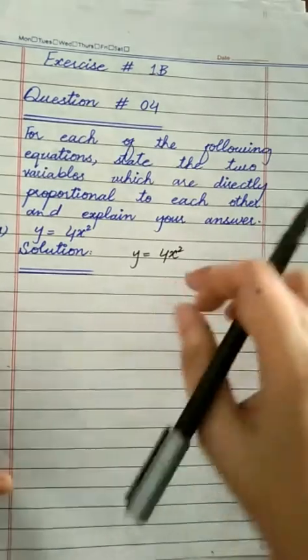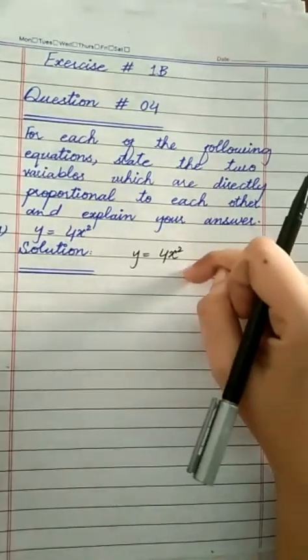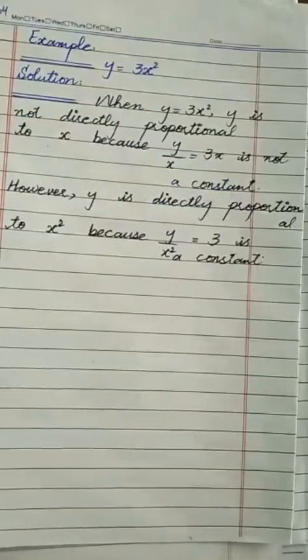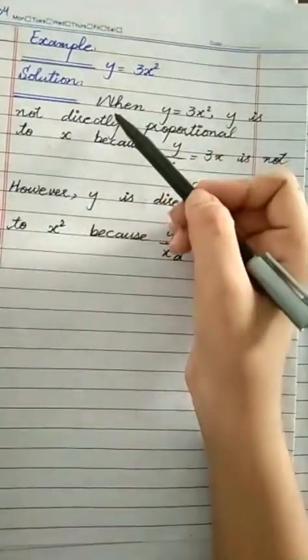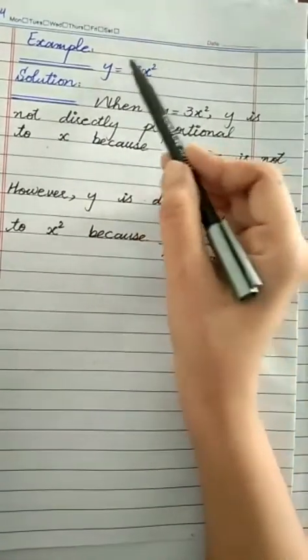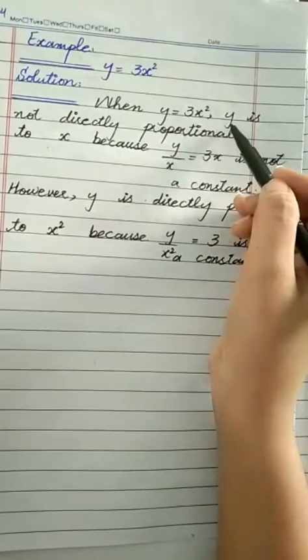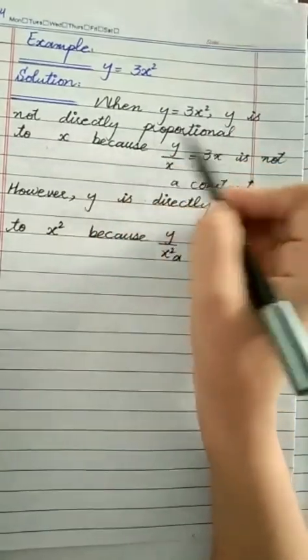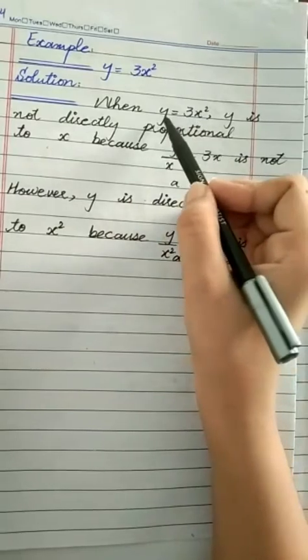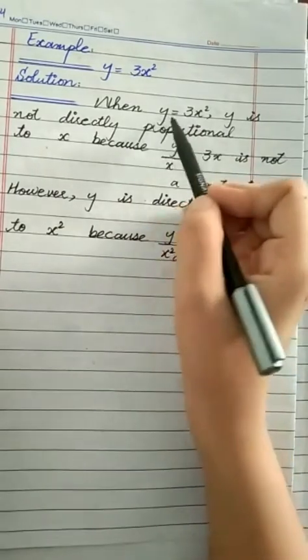Students, before starting this question, I'll make one example clear. It is an example related to question number 4 part 1. When y is equal to 3x square is given, y is not directly proportional to x. Y and x are both variables here, but these are not directly proportional.